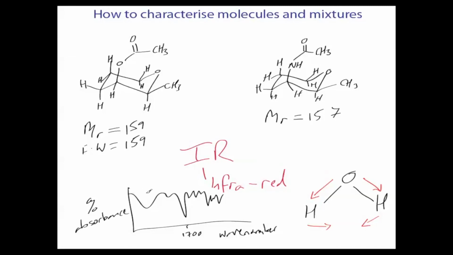Okay, so that's basically how much, if you fire infrared light through your molecule, let's get some colours here. So you fire infrared light through your molecule like that, and you also fire it through a blank cell, so something that didn't have your molecule, and basically you compare firing the infrared through nothing to firing the infrared through this molecule.